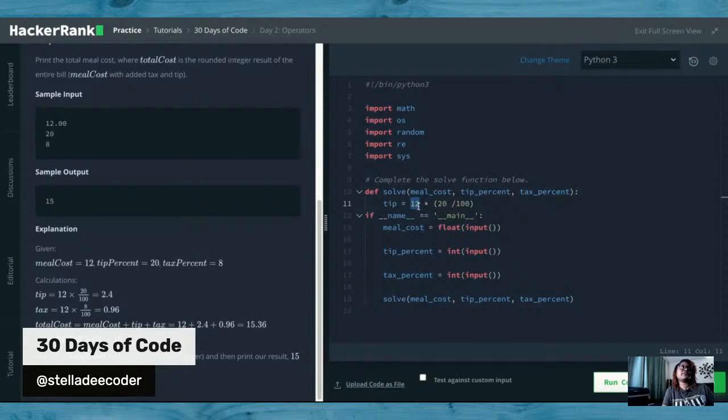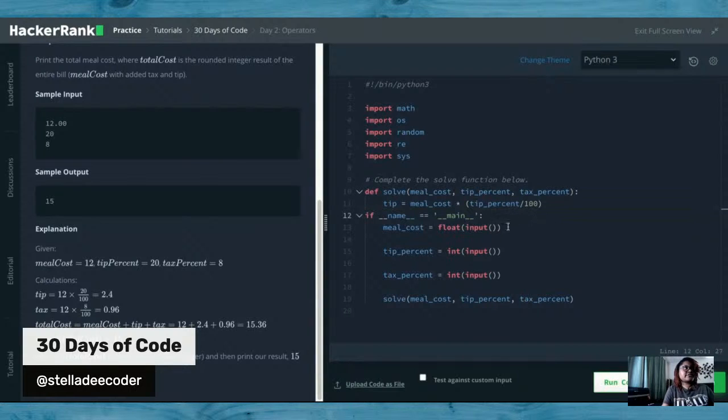So your meal can be $15, your meal can be $20. So for that, we are going to do the meal cost. That's the variable meal cost. And we're doing the tip, so this is going to be the tip percent variable.